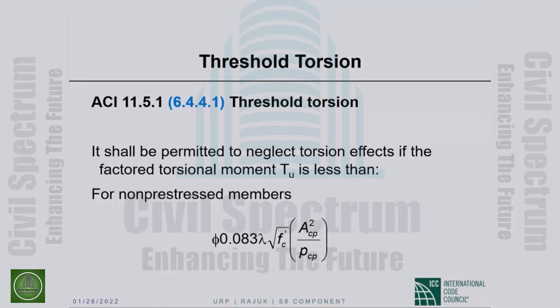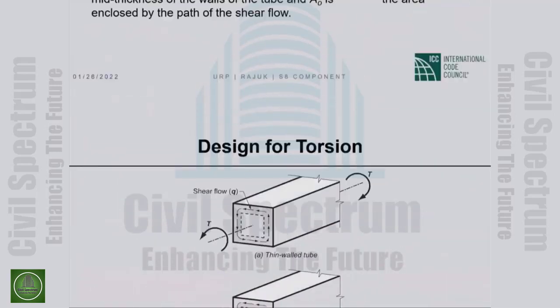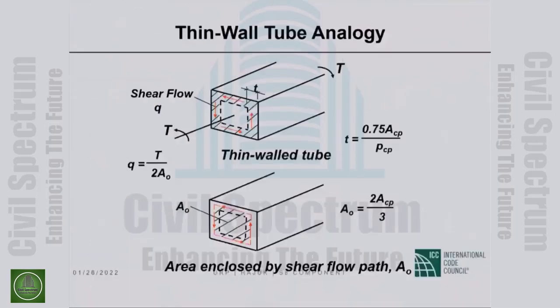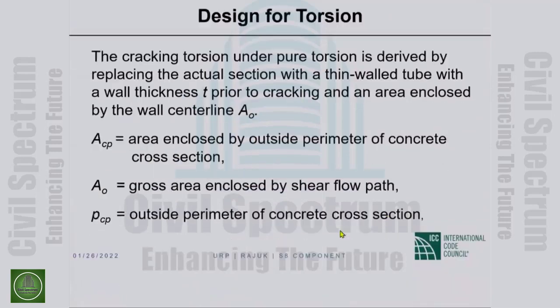Okay, so P sub cp is the outside perimeter of the concrete cross section, A sub cp is the area enclosed by the outside perimeter of the concrete cross section.